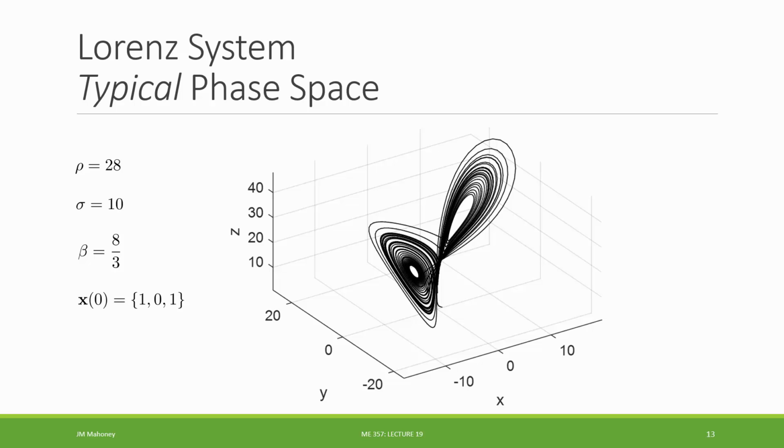So what we're seeing here is the relationship between our state variables. Let's again pretend it's temperature, humidity, air pressure. We're going to be starting at our 1, 0, 1, and then we follow this trajectory around, and it makes this kind of butterfly shape where it's circling around these 2 points in space as we go forward in time.